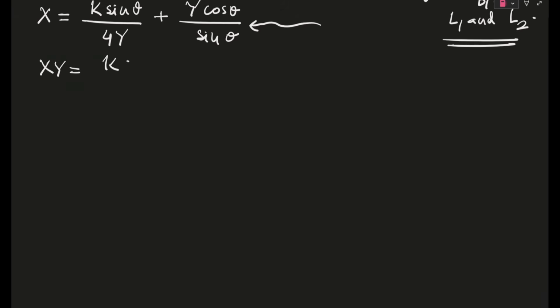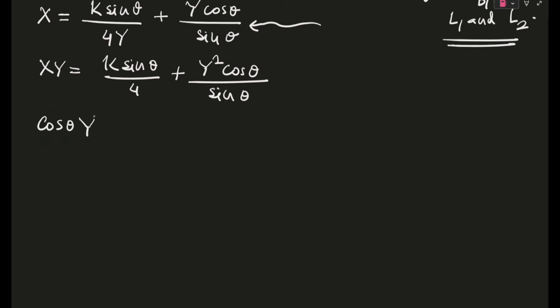So this becomes xy is equal to k sine theta by 4 plus capital Y square cosine theta by sine theta. If we rearrange the terms a little bit, our second degree equation finally comes out to be cosine theta Y square minus capital X capital Y sine theta plus k sine squared theta by 4 is equal to 0. And this was capital K.